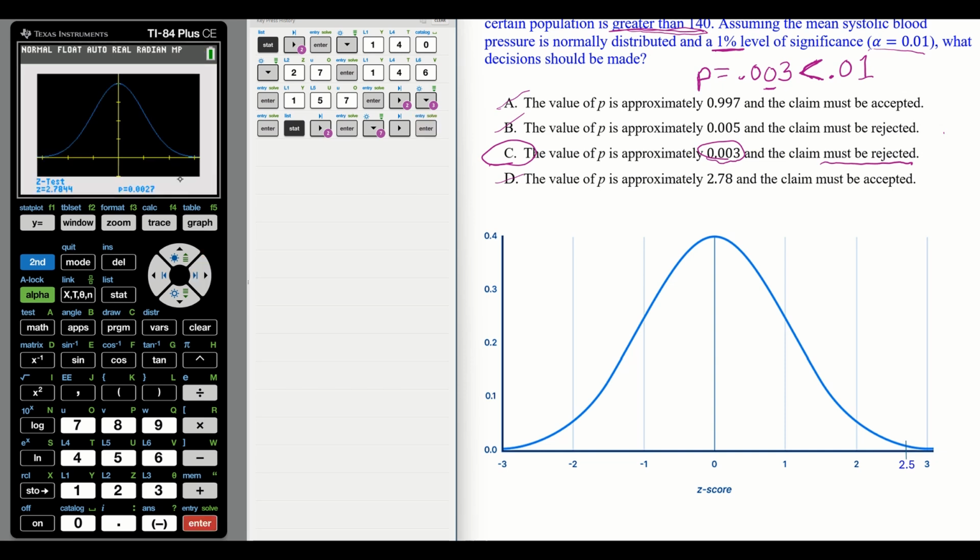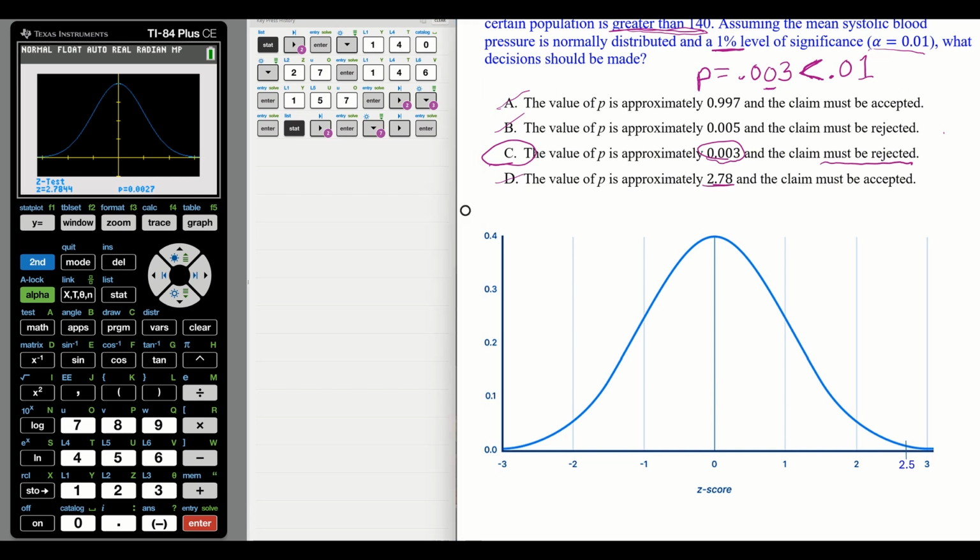You can barely see it, and we see what our z-score is. See it there in the corner? You can see a little bit darker over here on this side. That's not enough to make a visual decision with the calculator when you're testing, but make a note of your z-score.